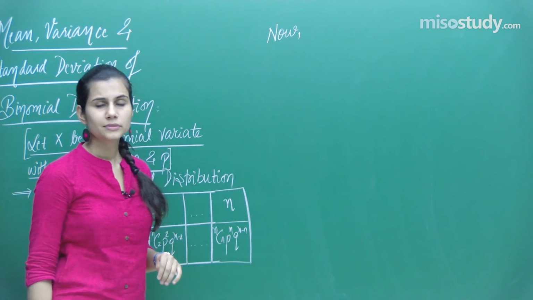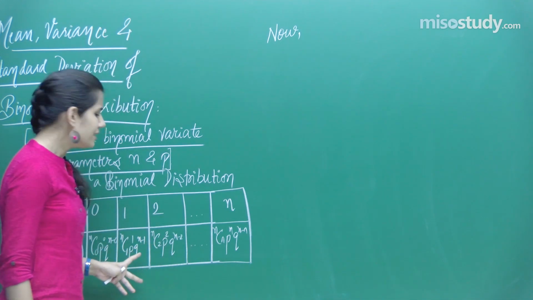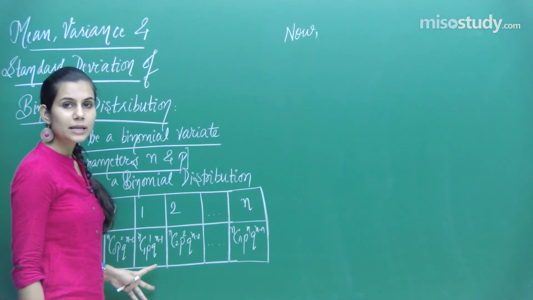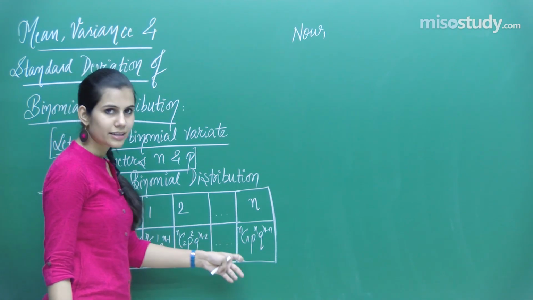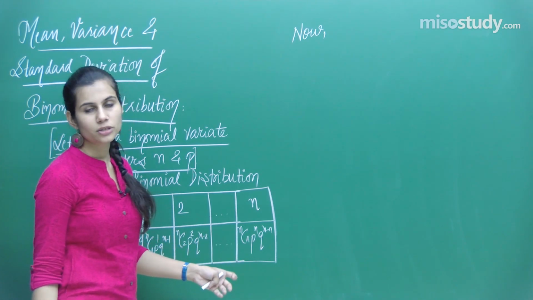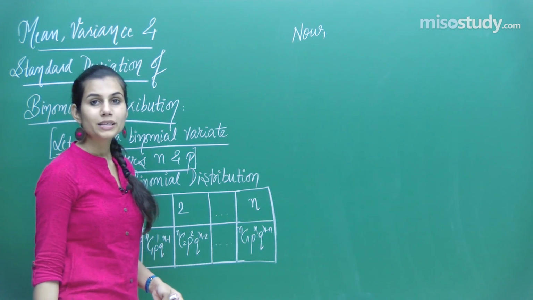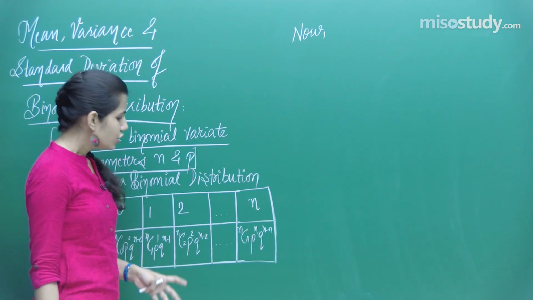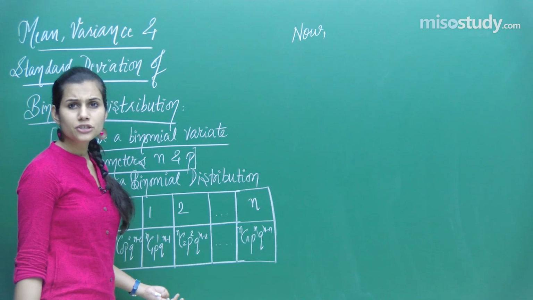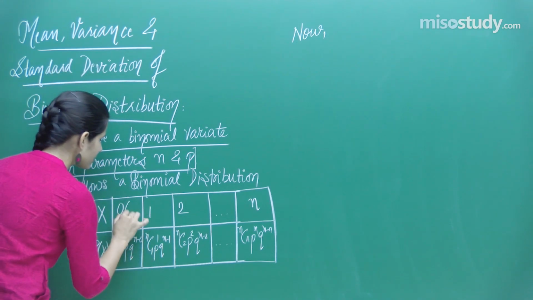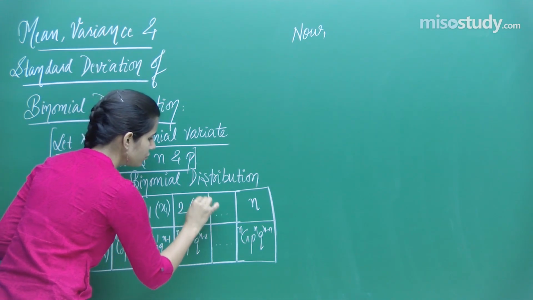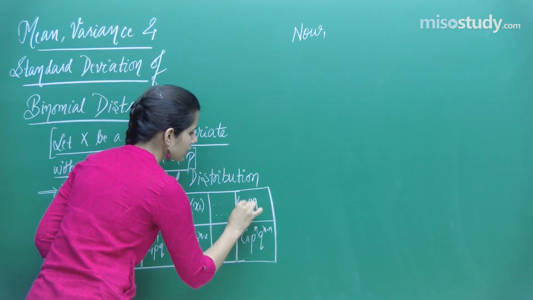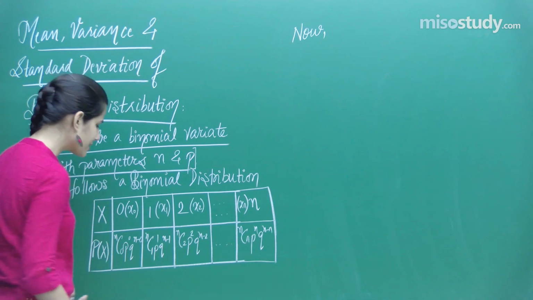what can we do? See, binomial distribution is nothing but a special type of probability distribution only, wherein the probabilities are nothing but the terms of the binomial expansion of q plus p to the power n. So right now, this is a probability distribution only, where this is x0, x1, x2 and so on up till xn, all the values which capital X random variable is assuming.